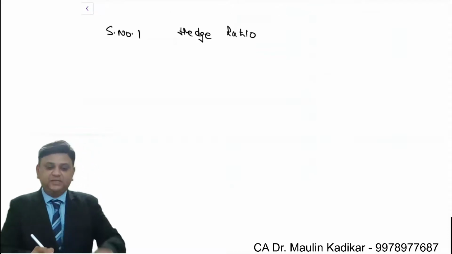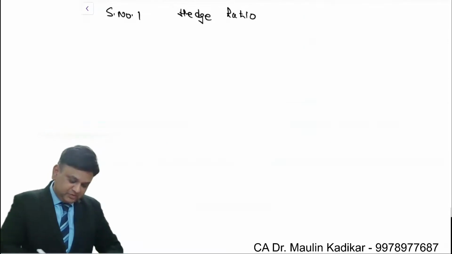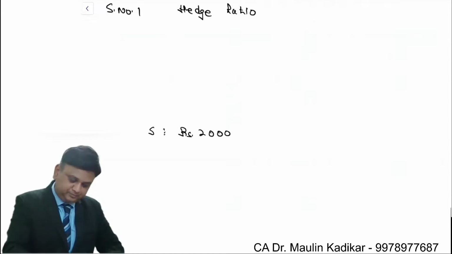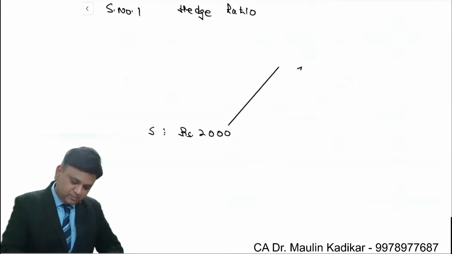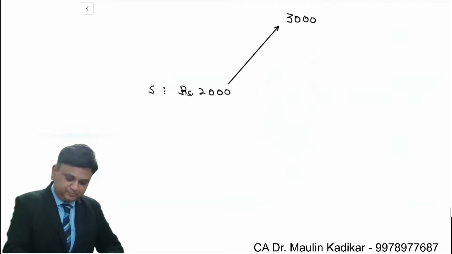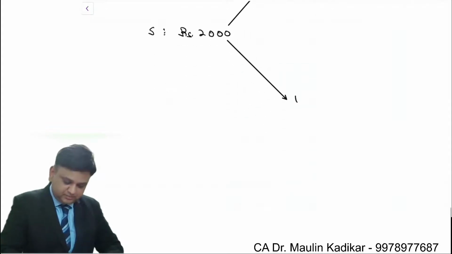I'll explain the derivation of the hedge ratio to you in some time. In that, write down: the spot price of the security is 2000. The price of the security may increase to 3000 or the price of the security may decrease to 1000.